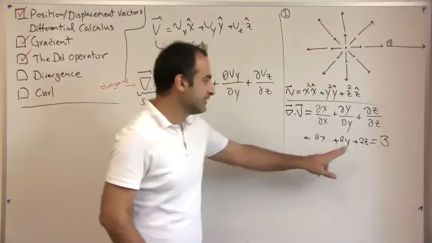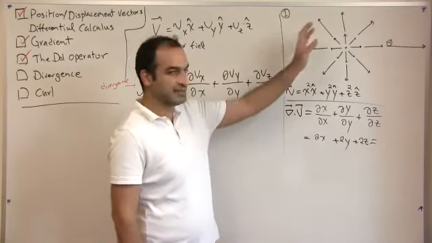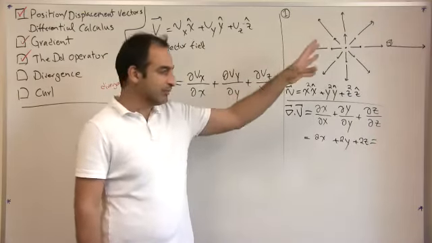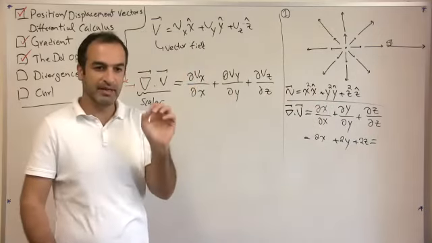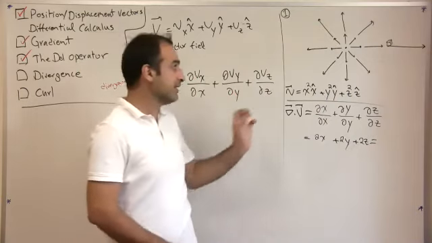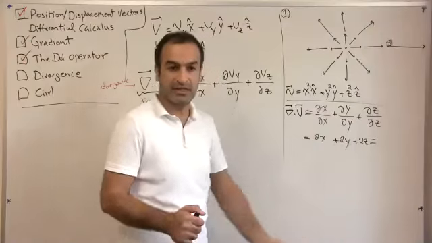For any point, this is not 3 anymore. At any point in the positive x, y, and z, it's a positive number. It's not a constant; it depends on the position. If you're in the positive directions of x, y, z, it's a positive number, and that's diverging in that area.